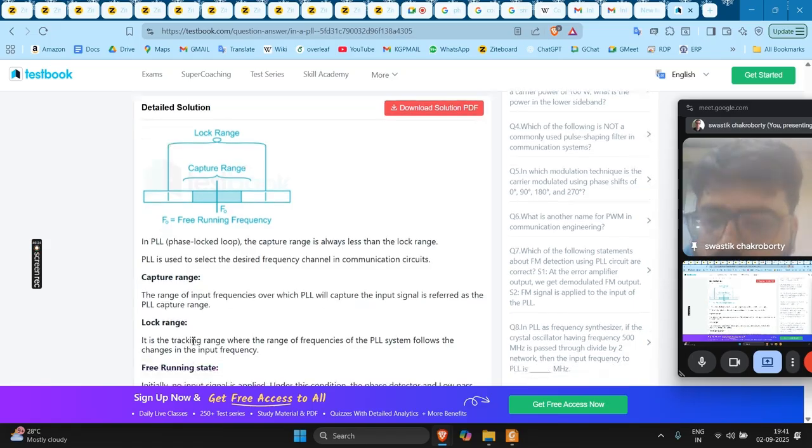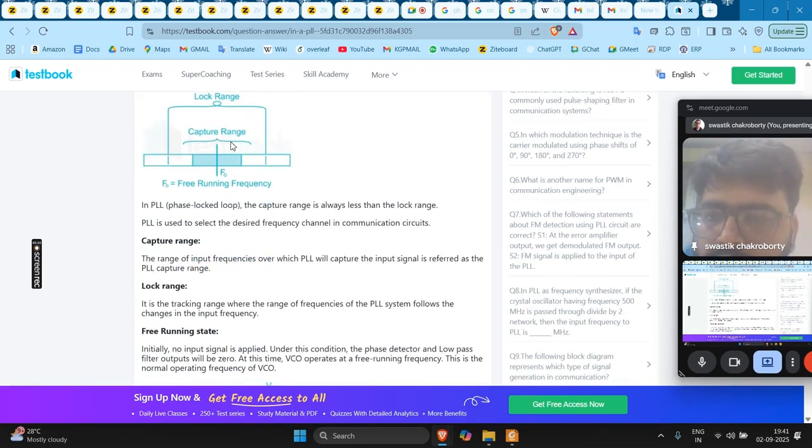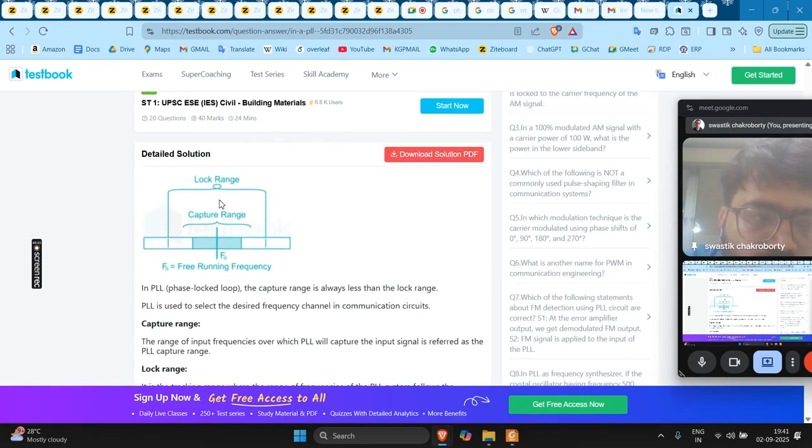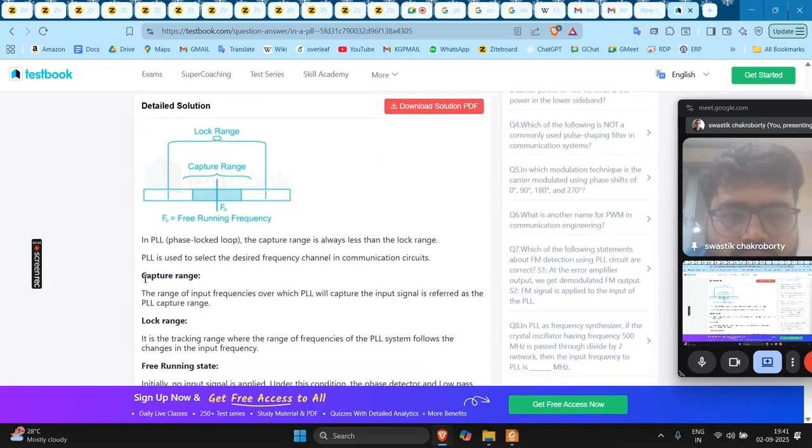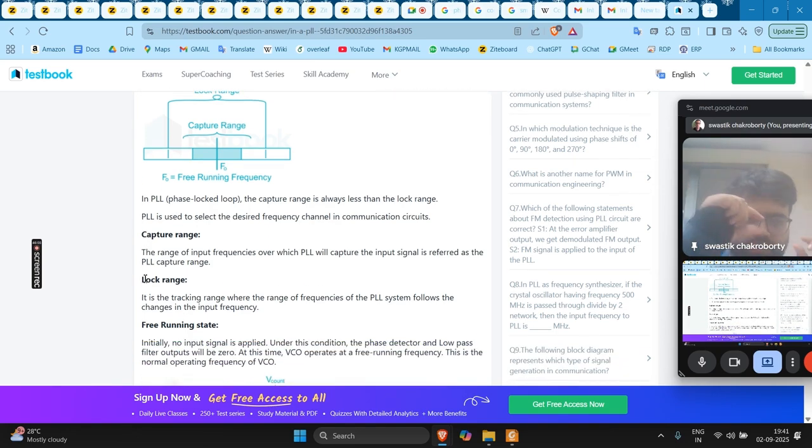So lock range is the tracking range, where the range of frequencies of the PLL system follows the change in input frequency. So in the lock range, it locks onto the frequency, but there is a steady state error, but it eventually locks onto the frequency. So even if there is a difference, the frequencies are maintaining a constant difference.